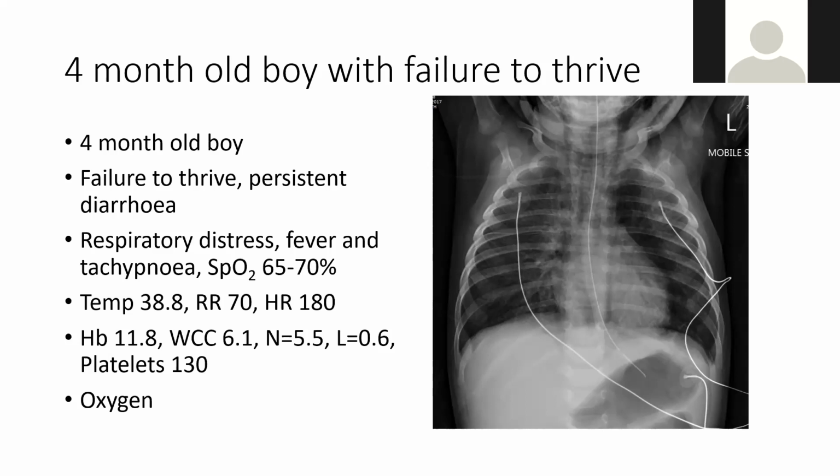And he had oxygen saturations that were very low, so saturations of 65 to 70%. Even when giving oxygen, they only came up a bit. He had a high fever and a respiratory rate of 70, and again tachycardia, a bit similar to the previous cases. That was his full blood examination, and he of course got treated with oxygen.